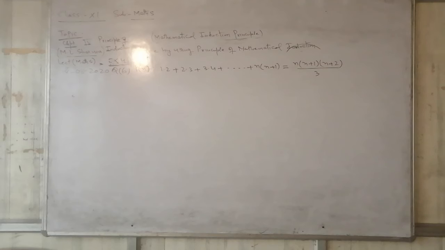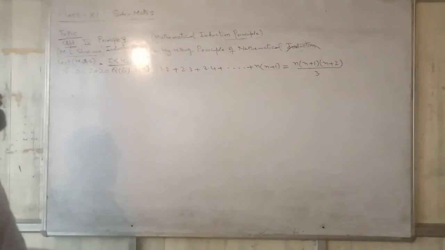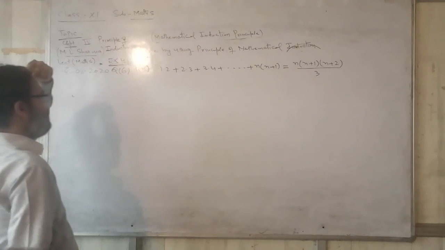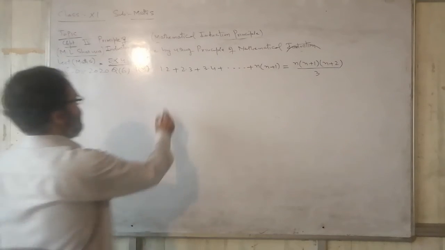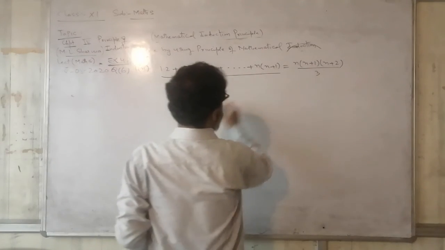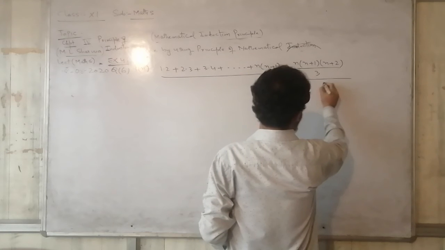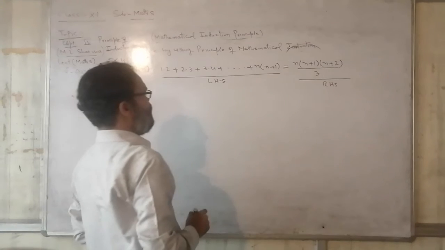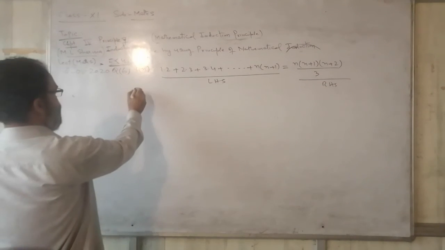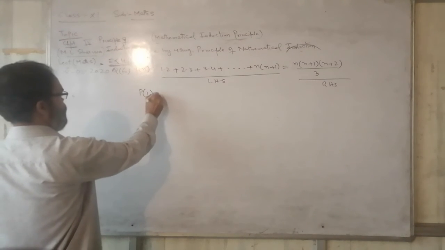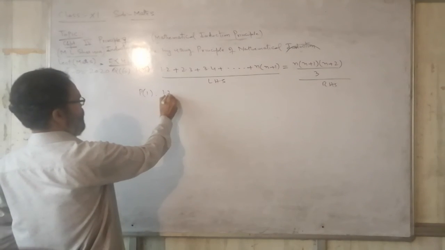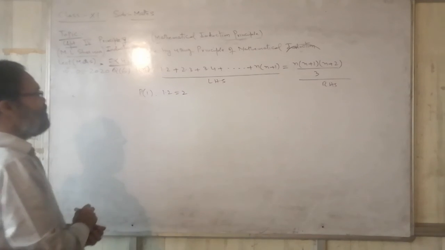Again, this question is in the form of mathematical statement Pn. This is left hand side and this is right hand side. So steps are the same. First step, P of 1, only one term, and this will be equal to 2.